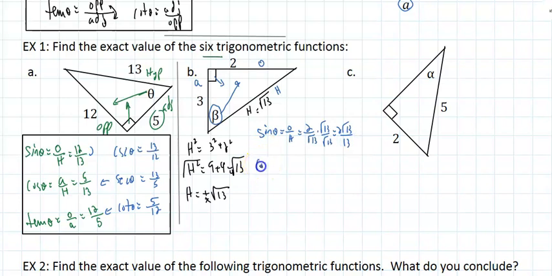And if I take the cosine of theta, that will be the adjacent over the hypotenuse. The adjacent is a 3 over radical 13. And if you rationalize, 3 radical 13 over 13. And the tangent of that angle, oh, I'm sorry, I'm still stuck on theta. I mean beta.